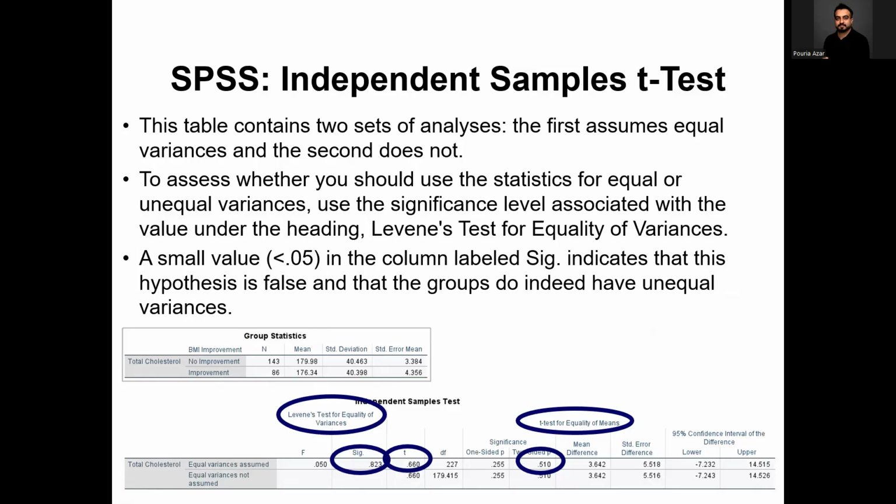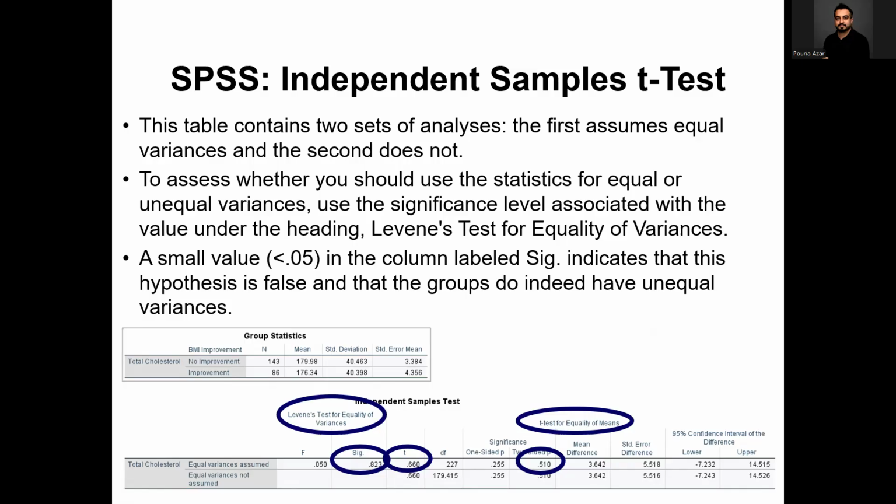The first row assumes equal variances and the second does not. To assess which to use, look at the significance level associated with Levene's test for equality of variances.